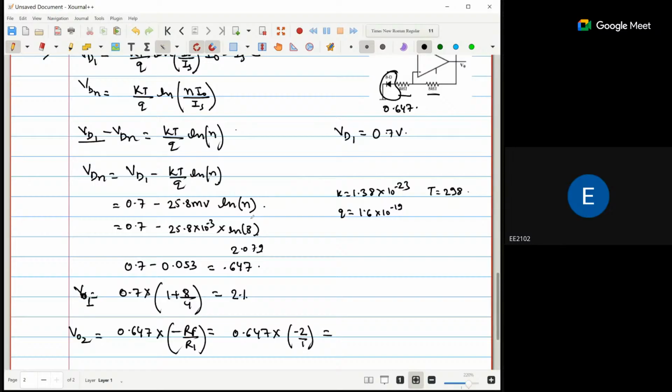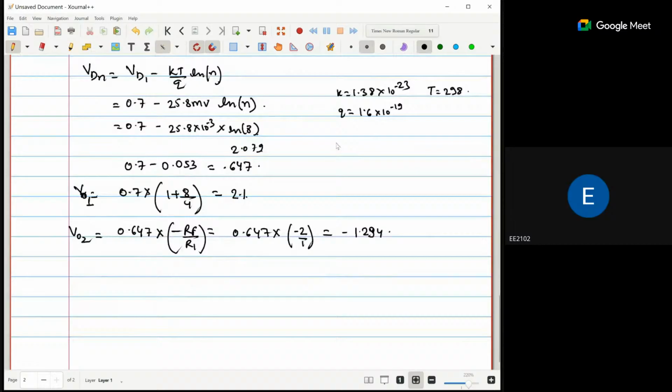So we are getting 1.294. Okay, and overall voltage, V out, is what? 2.1 minus 1.294. So it is 0.806.